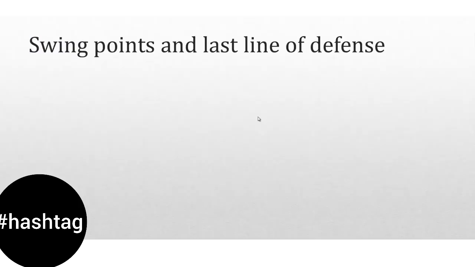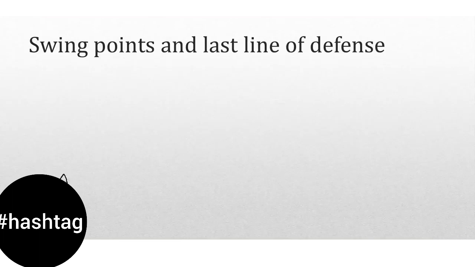Moving on. Swing points and the last line of defense. So what is this? Now we are talking about how to actually identify trends. When I identify trends, it's very important to pay attention to the swing points. What do I mean by swing points? A trend doesn't just go up in one straight line.